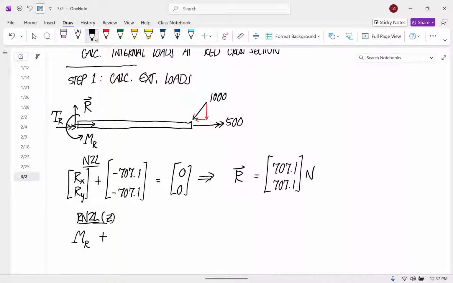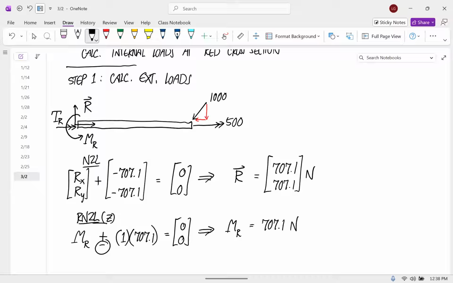So we can think of this as plus or minus a moment arm of 1 and a vertical component of 707.1. And would that force make it rotate clockwise or counterclockwise? It would make it rotate clockwise, so we want the negative. And this is equal to zero. And so MR is equal to positive 707.1 Newton meters.